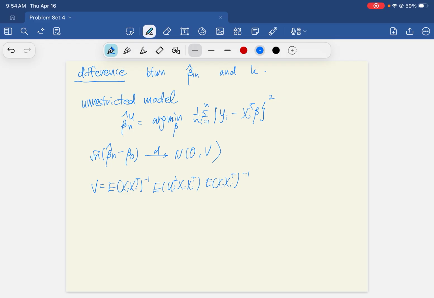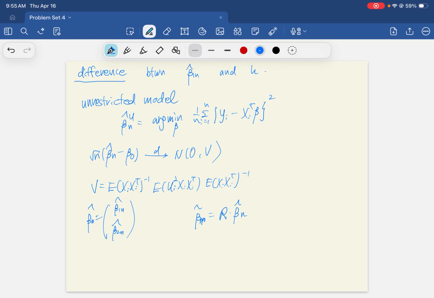Okay, so that is the variance. Now we are particularly interested in the first component of beta. So beta hat n can be written as beta 1 hat and beta 2 hat, or then how can you write this? Beta 1 hat is a matrix times the total vector.